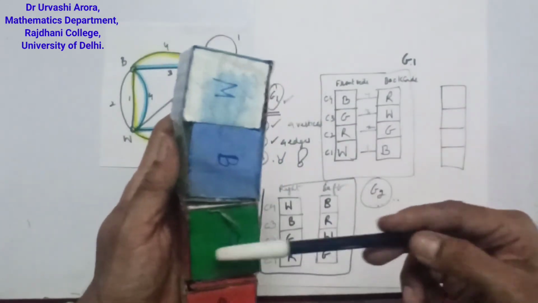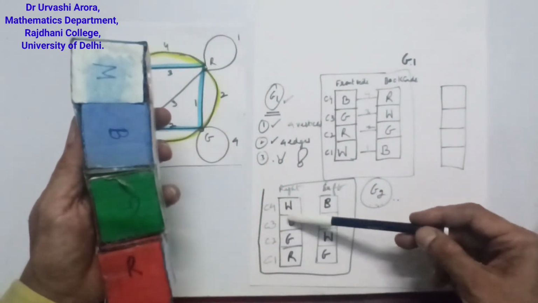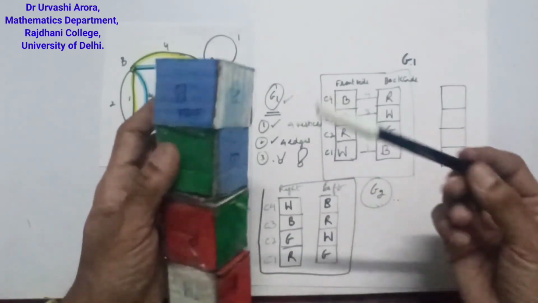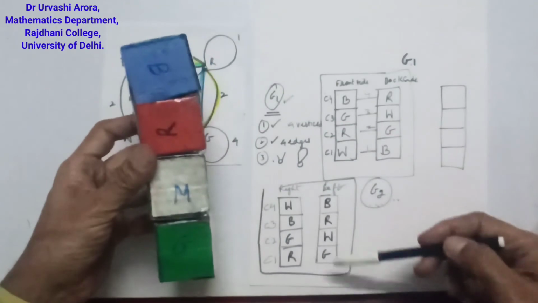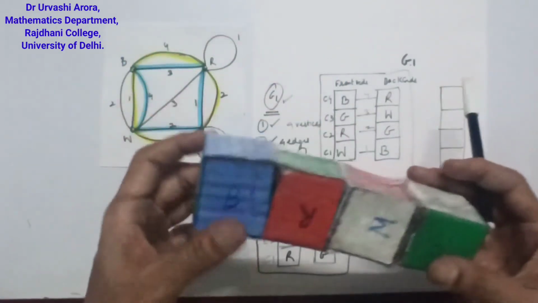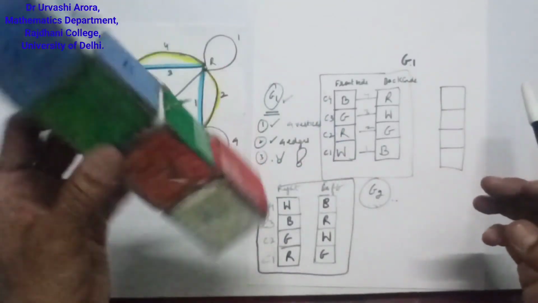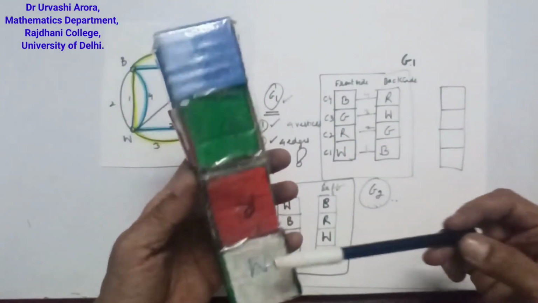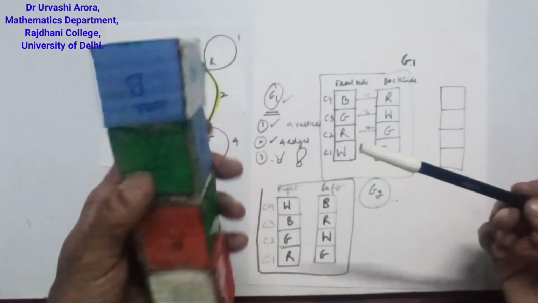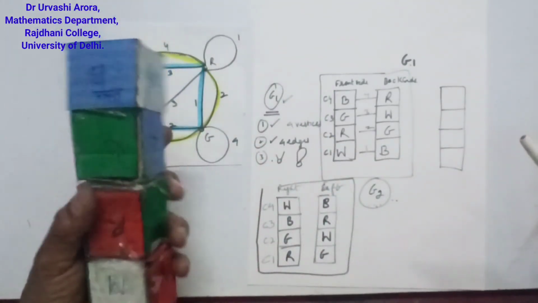And now the right side is RGBW, and the left side is GWRB. So this is one such solution that we have found for the instant insanity problem using the techniques of graph theory, and these were the cubes that we have taken in this version of the instant insanity problem.